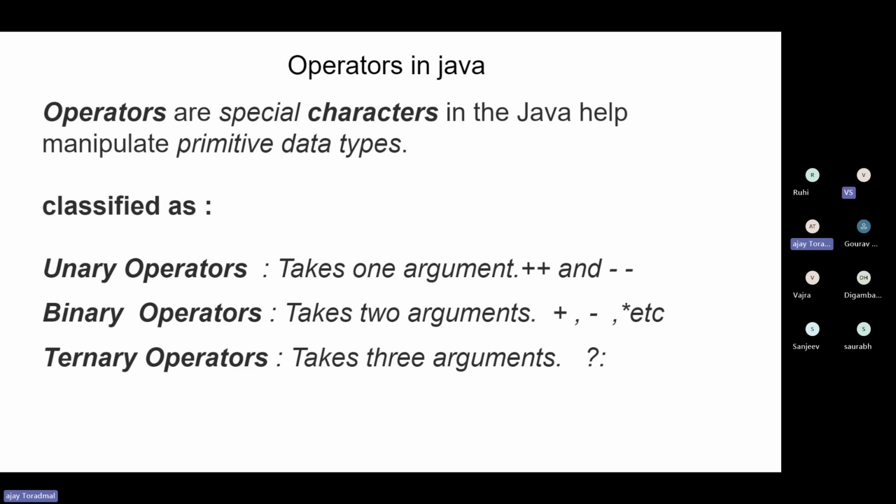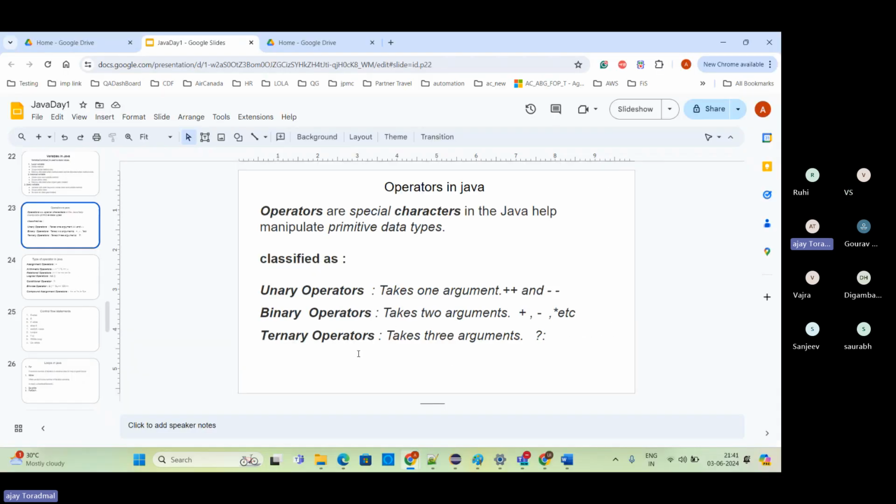If you want to manipulate this data, there are operators available. Operators are basically special characters: plus is an operator, minus is an operator, and multiplication is also an operator. These are the different operators available.